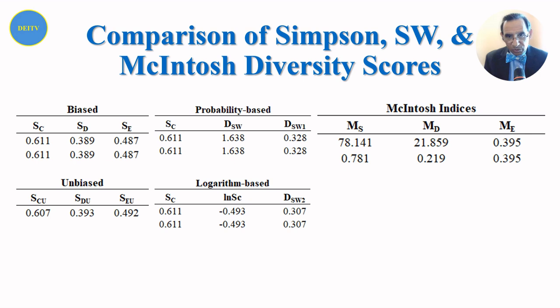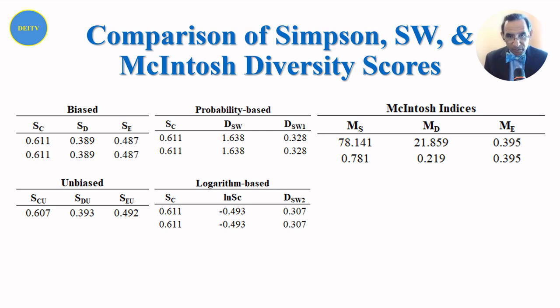When you go to the second column, there's the Smith and Wilson probability-based index. Again, because it is based on the Simpson index, the biased Simpson concentration score again is 0.611. When you take the inverse or the reciprocal of the Simpson concentration score, that gives you 1.6.